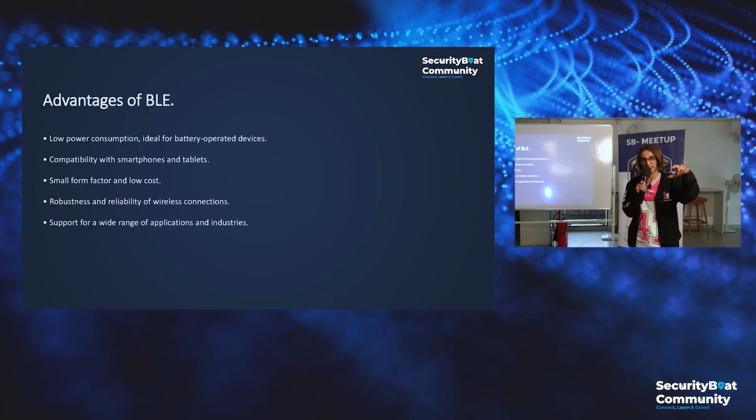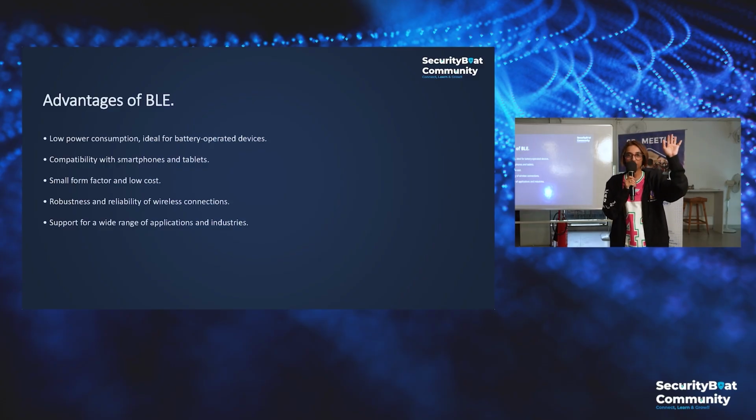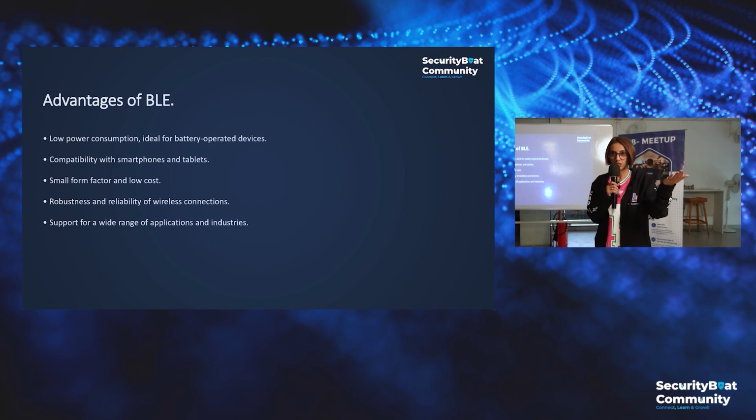And the BLE they use, the low energy one, is also cost efficient, and that is the reason why devices which use BLE are a little cheaper. It supports a wide range of applications and industries, robustness, reliability. It does everything apart from authentication. Now the devices are changing, BLE is also upgrading, but before it did not happen.